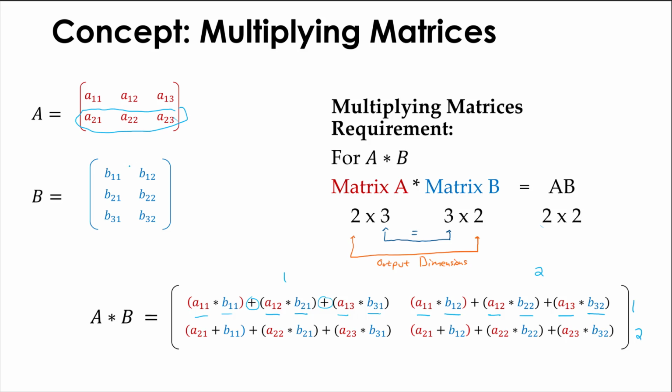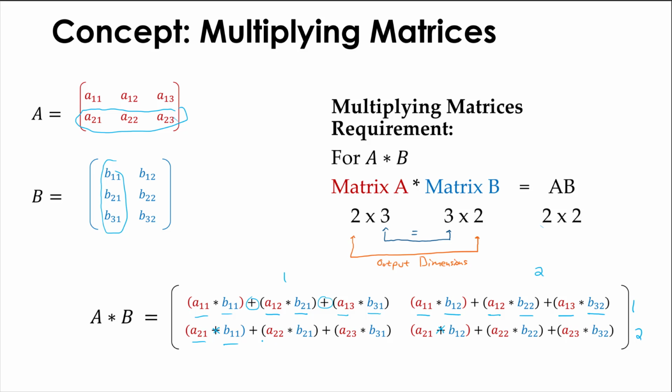row 2, column 1. So I've got the first element in row 2 times the first element in column 2. Okay, and this should be multiplication here. This should be multiplication, so don't get that confused. And same here, this should be multiplication over here.